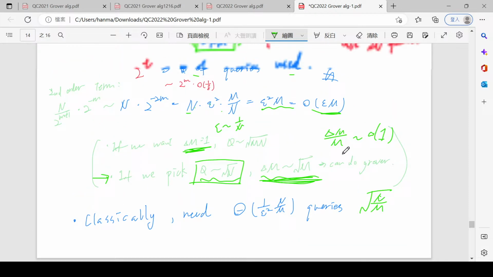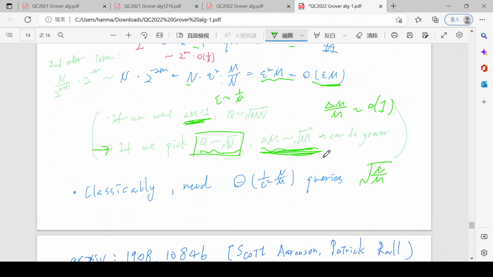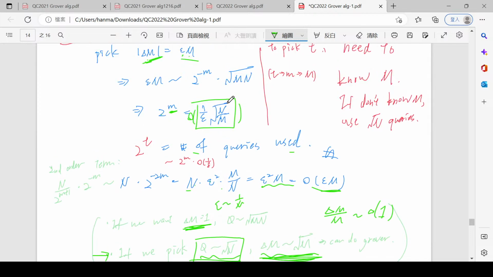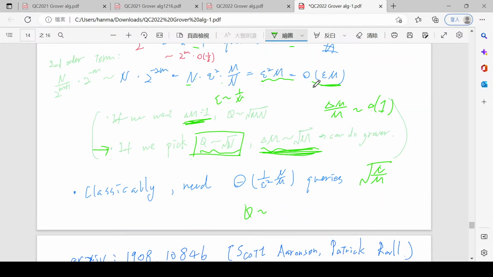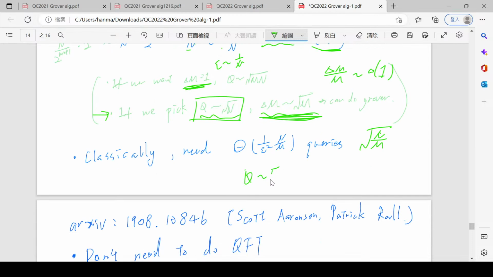And so how we fix that is we actually use q about square root n over m. Then we have constant epsilon. And that should already give you constant success probability for your Grover.